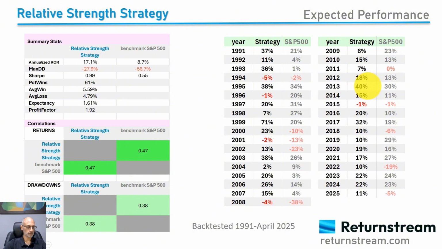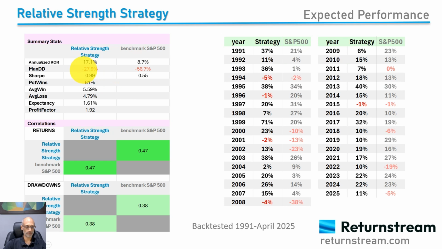Expected performance. Here we've back-tested the strategy going from 1991 to April 2025. And we see that the relative strength strategy's annualized expected rate of return is 17.1%. The benchmark S&P 500's rate of return over that same time frame is just 8.7.